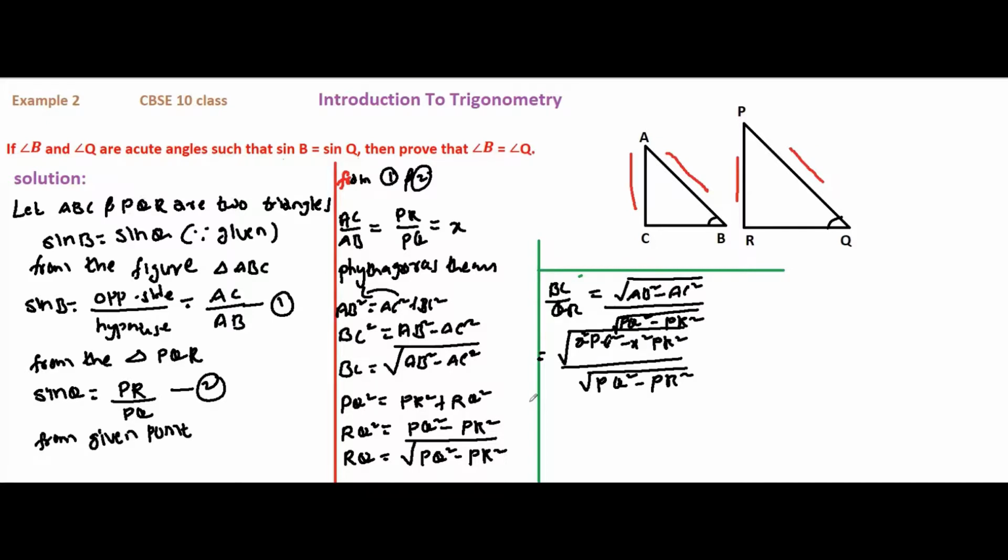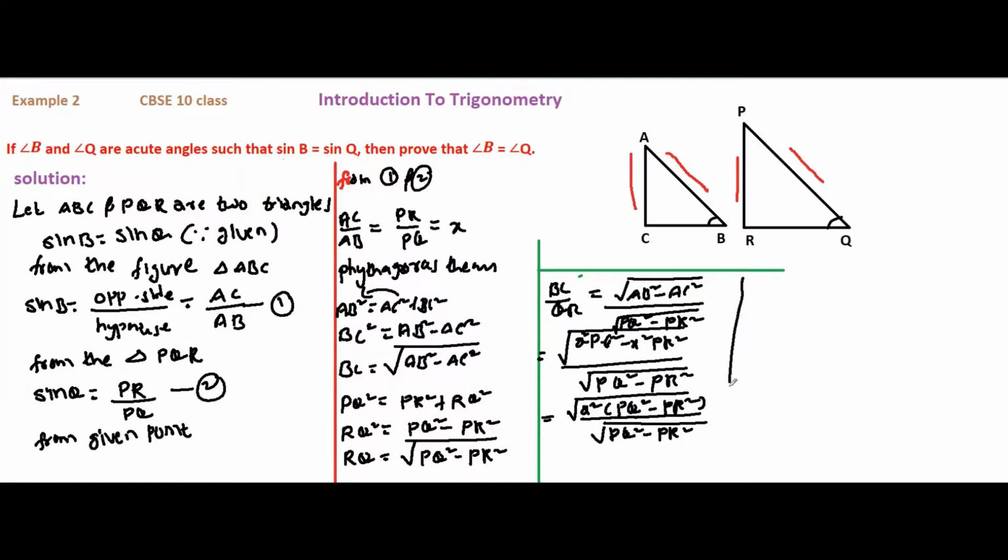How then next? Here x is common. If we remove the common x, under root x square into PQ square minus PR square by under root PQ square minus PR square.